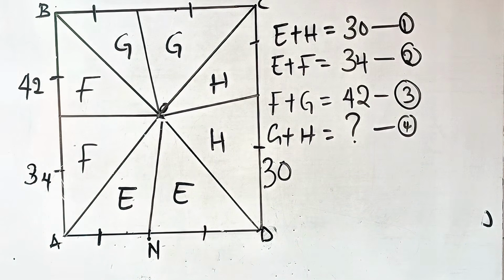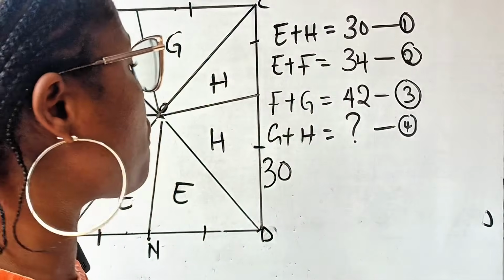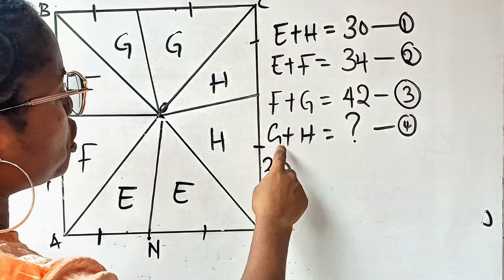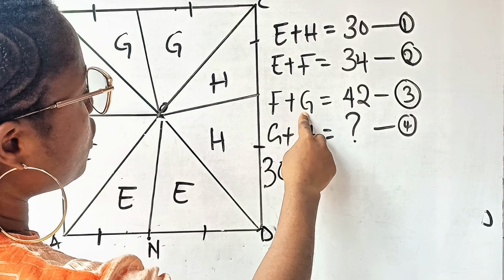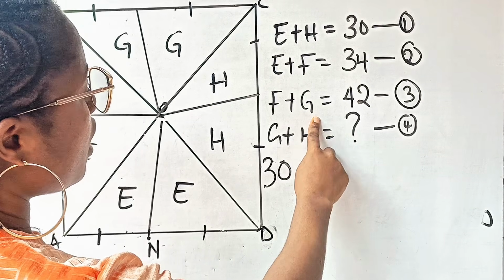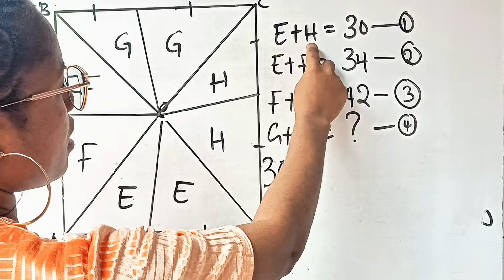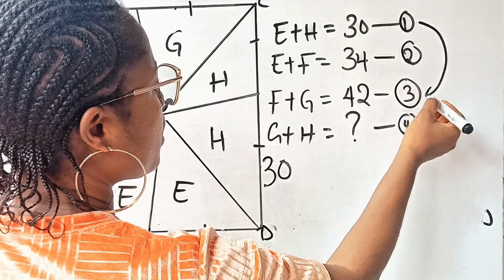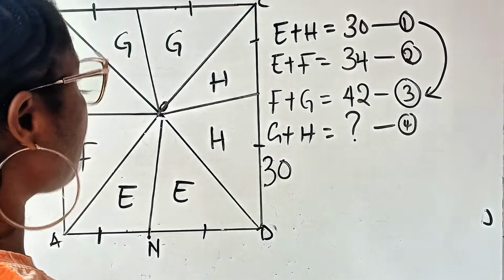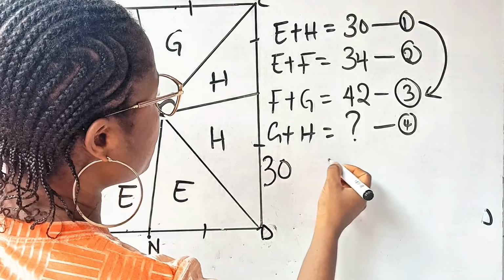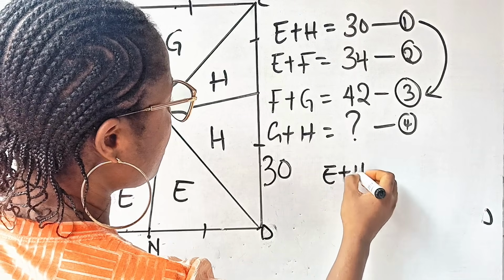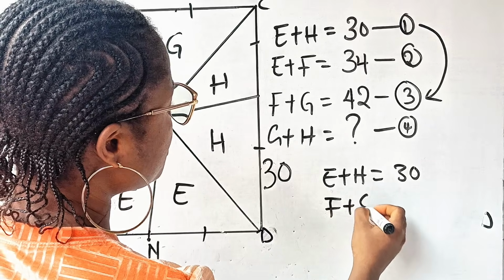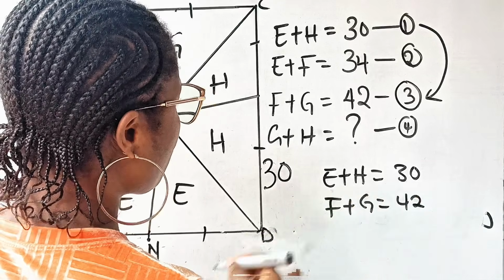So we're going to make use of those values to find the value of G plus H. Since we are looking for G plus H, equation 3 has G and equation 1 has H. So we're going to combine equation 1 and equation 3 and solve with it. So we say E plus H is equal to 30 and F plus G is equal to 42.